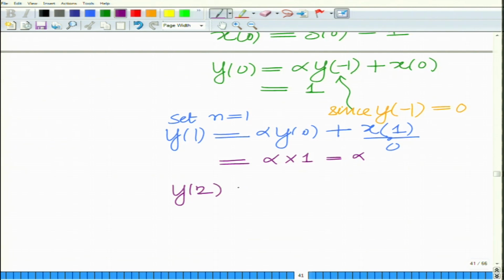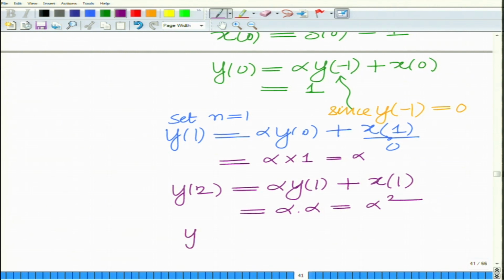Similarly, y of 2 equals alpha times y of 1 plus x of 2, and x of 2 equals 0. So, this becomes alpha into alpha equals alpha square, y of 3 equals alpha cube, and so on.